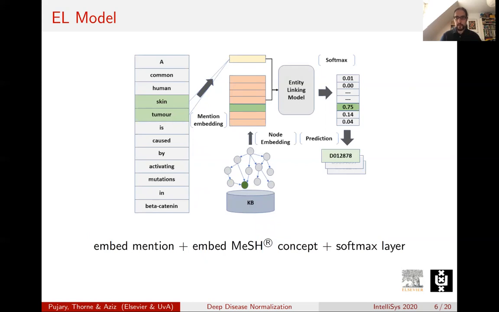These two embeddings are then fed into a linear layer followed by a softmax layer, which takes charge of predicting the corresponding concept UID for this embedding pair. And this last part is the entity linking model.